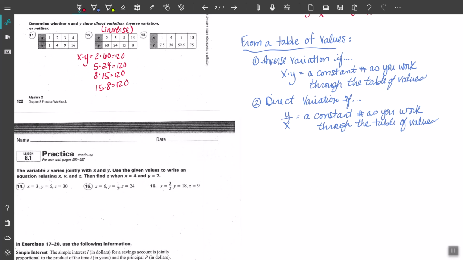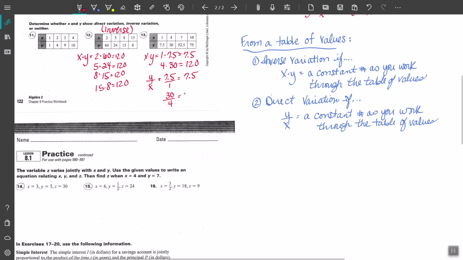If I move over to 13, I'll check x times y first. 1 times 7.5 is 7.5, but I can see right away that 4 times 30 gives me 120. So I'm not going to get the same number, and I can just move on and try y over x, change in y over change in x. That's my first set. Then I'll move over to 30 divided by 4.